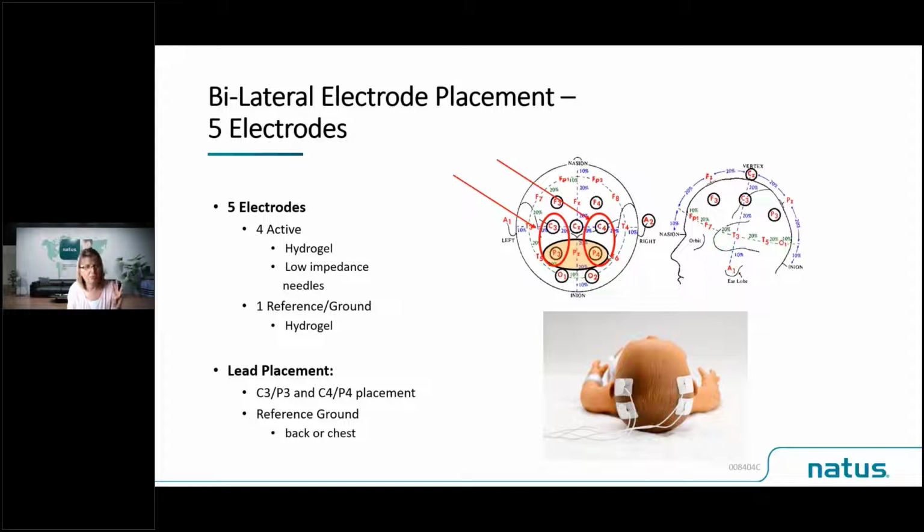This gives us 3 channels of information because it still gives us the biparietal, P3 to P4, cross-cerebral view. But in addition now, I have the C3P3, so the left side of the brain, and the C4P4 right side of the brain. So this is clearly giving me additional clinical information at the bedside.